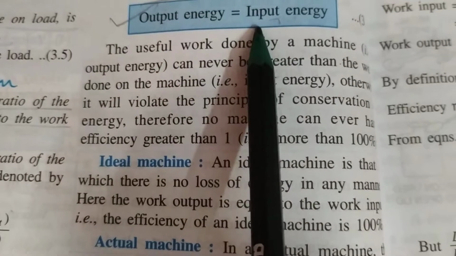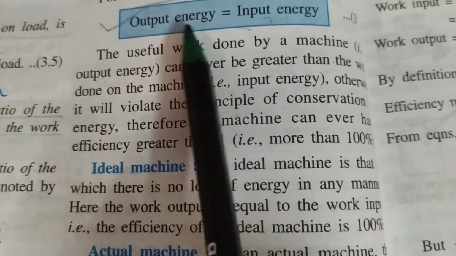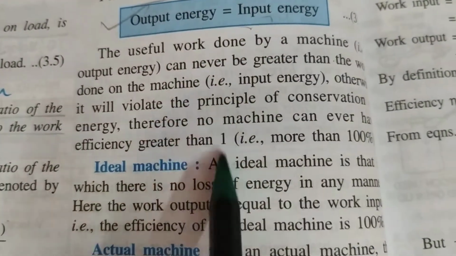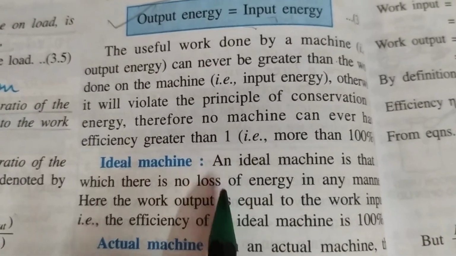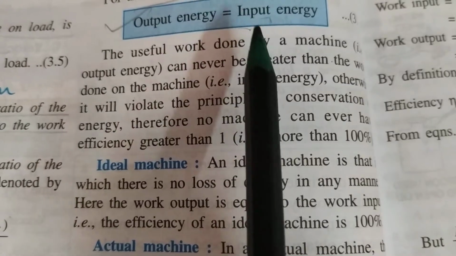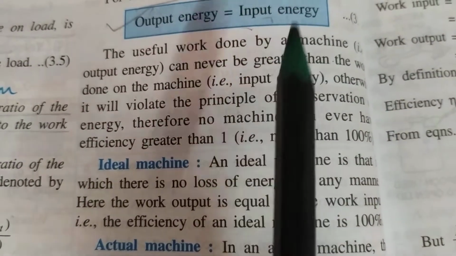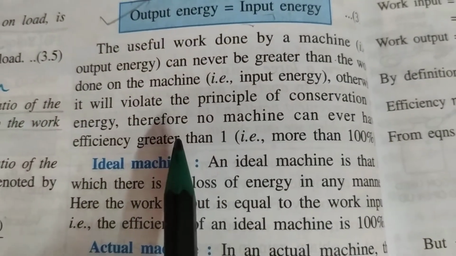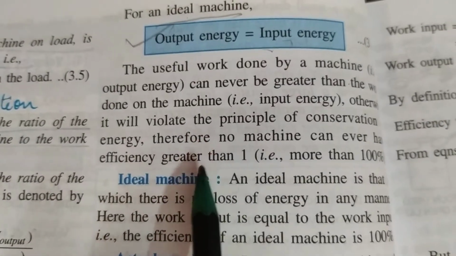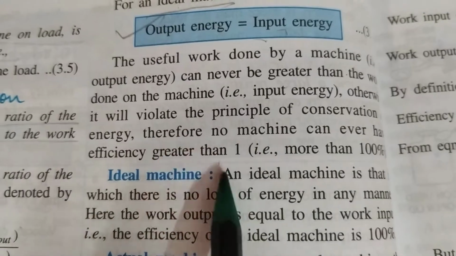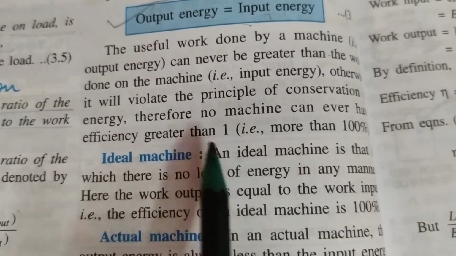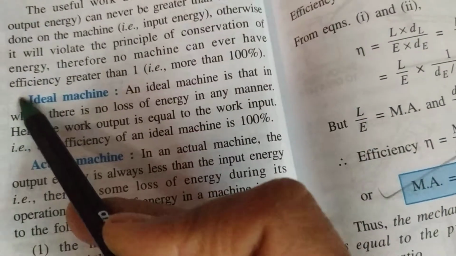It can be equal in our assumptions, that if we assume there is no friction, there is no weight of the moving part, all the moving parts are weightless, frictionless, then we may say output work or output energy is equal to input work or input energy. In that case, machine's efficiency becomes 100% or equal to 1, but it can never be more than 1. Right? So in ideal case, efficiency is 100%.